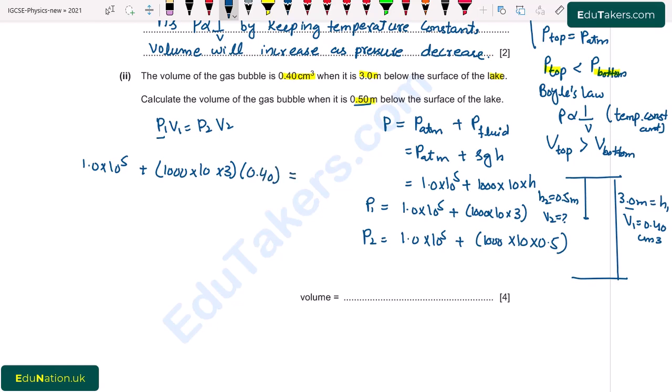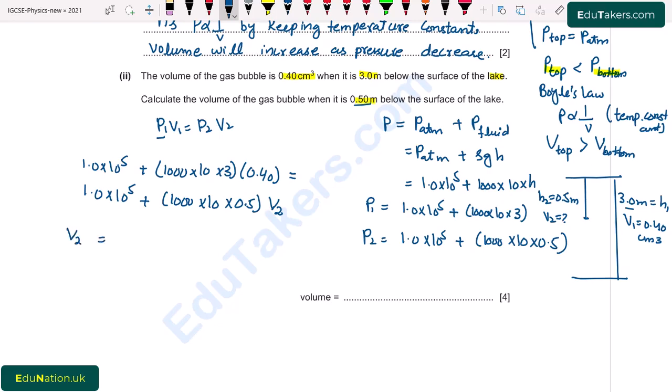It will be equal to pressure P2, 1.0 times 10 to the power 5 plus 1000 multiplied by 10 and 0.5, times V2. We have to calculate this volume V2.